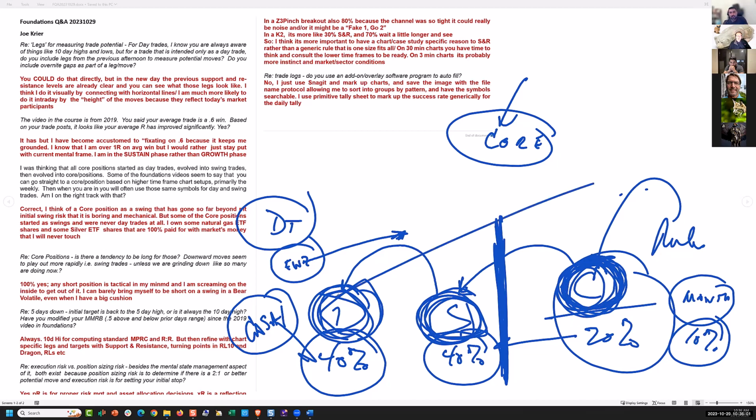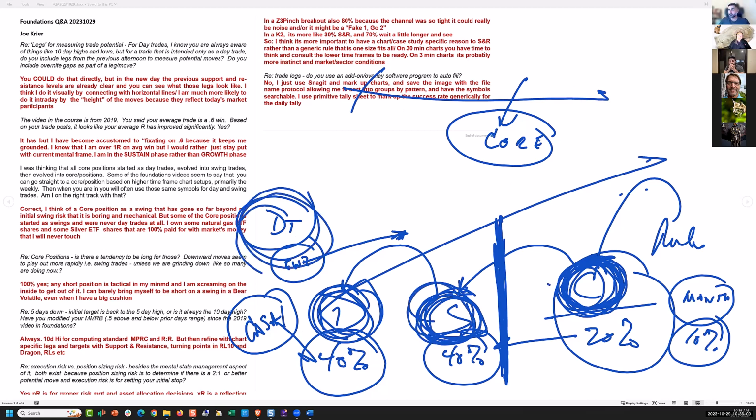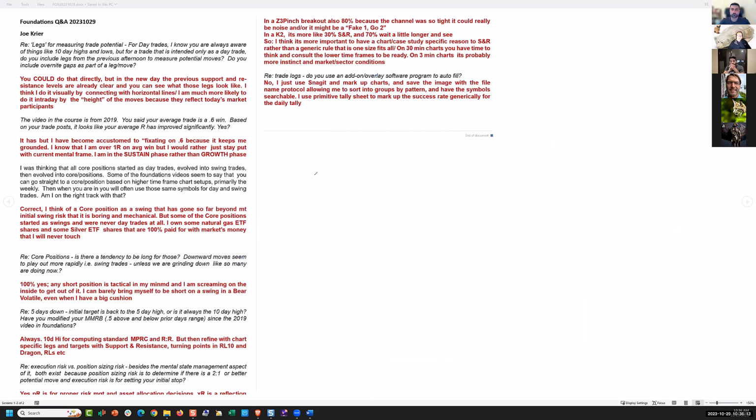But this thing actually goes in both directions, the relationship between day trading, swing trading, and core trading. The more important logic, in my view, core, swing, and day, is that 20, 40, and 40.